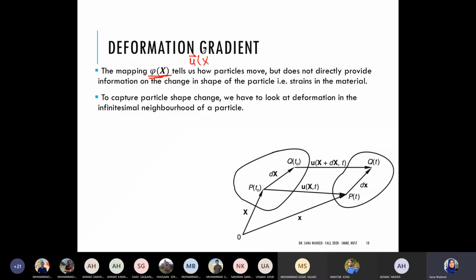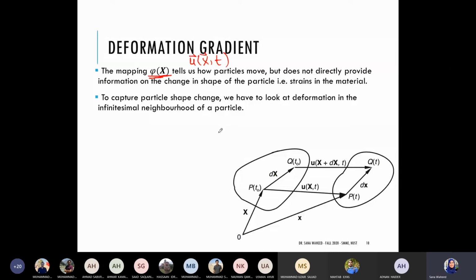So these two functions, either the mapping or the displacement, will tell us where a particle which was initially at X has gone at some other time.